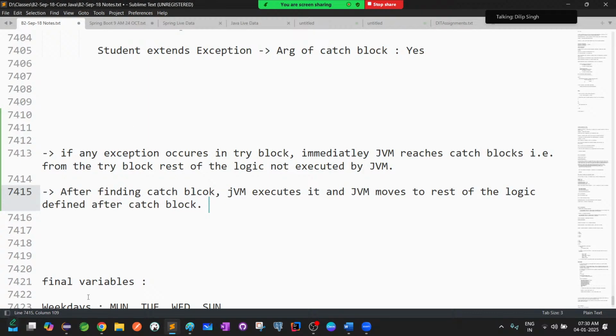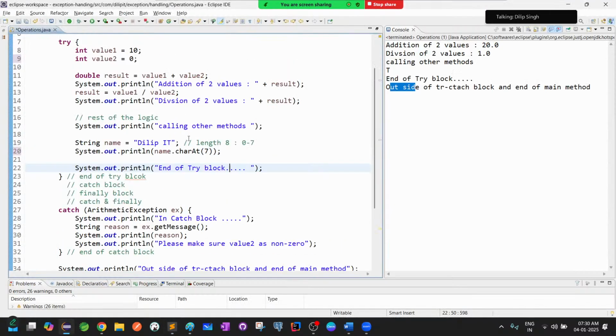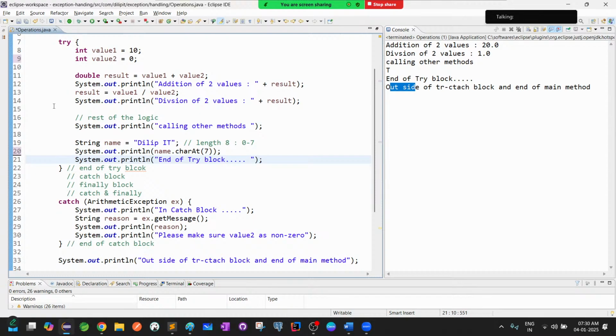So based on these two statements, what has happened? You are getting an exception here because of the zero value. So immediately it will move to the catch blocks.